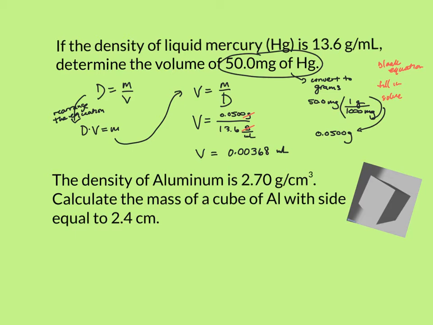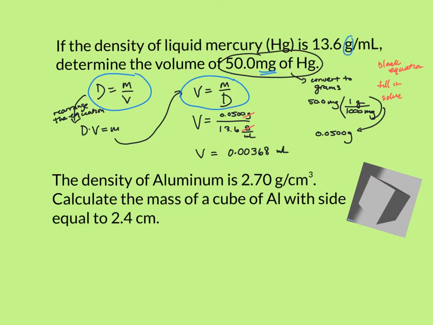If we look at what's going on with this first one here, we start with the equation in its given form. I've rearranged it into the form that allows me to solve directly for volume. I like to do these algebraic rearrangements at the beginning before I start plugging numbers in. Also, the mass was in milligrams, and that is not going to be compatible with the density that is in grams.